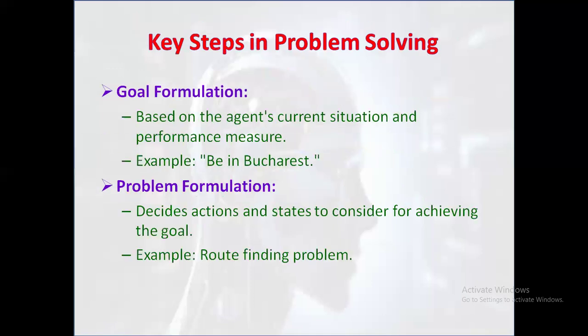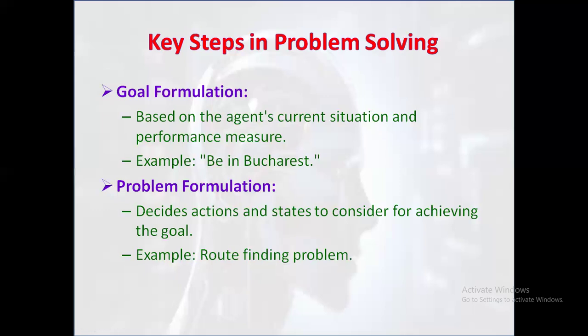Next, what are the key steps to be followed in problem solving? First is goal formulation, then problem formulation. Goal formulation is the first and crucial step in problem solving. It involves defining the desired outcome the agent is trying to achieve. The goal must be clear, measurable, and achievable within the constraints of the environment.